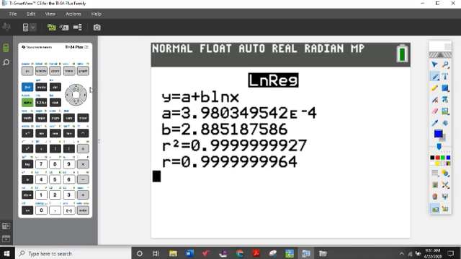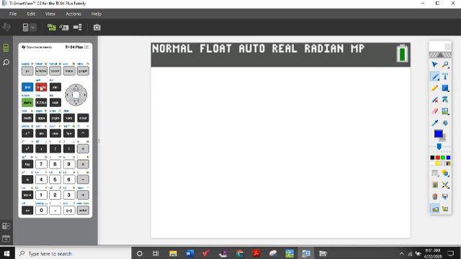So coming over to my calculator, -3.5 squared plus 7 times -3.5 minus 8.